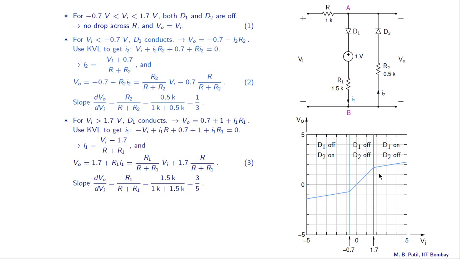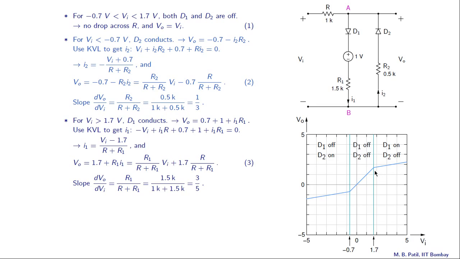Here is the VO versus Vi relationship for Vi greater than 1.7 volts, and it's a straight line with a slope equal to 3 by 5, and you can verify that there is continuity at Vi equal to 1.7 volts.